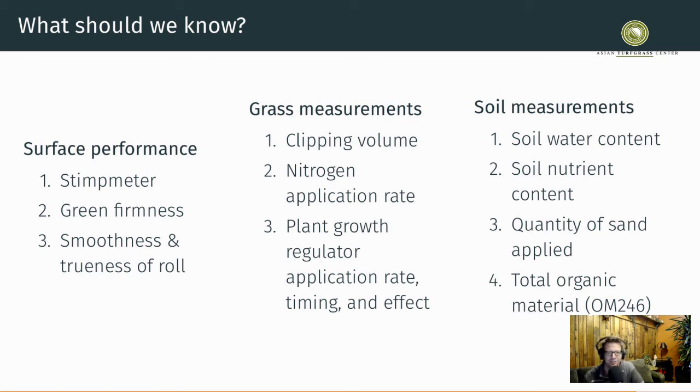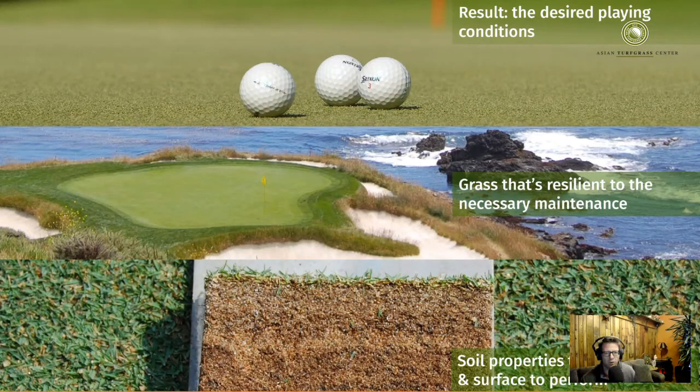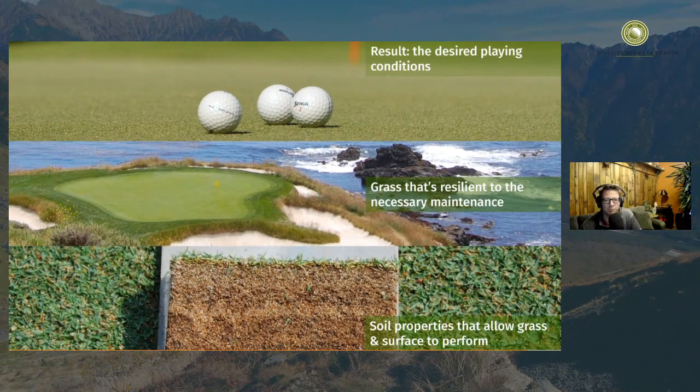If you can do all of these, I think it puts turfgrass managers anywhere in the world in a very powerful position to be able to control the desired playing conditions, to control the grass, to have grass that is resilient to the necessary maintenance, and to have soil properties that allow the grass and the surfaces to perform.